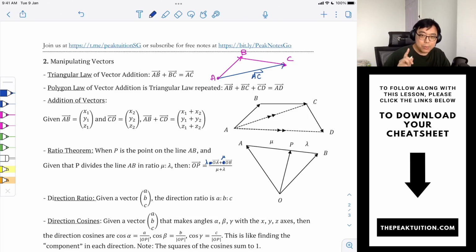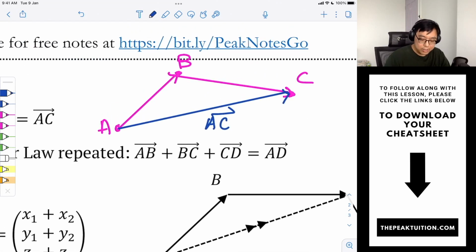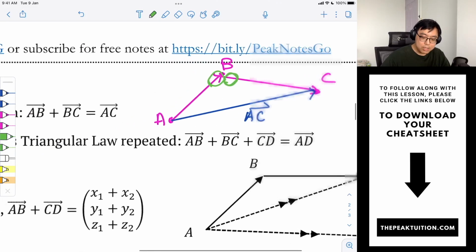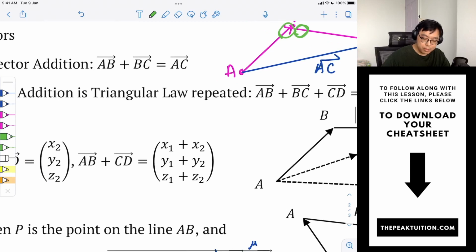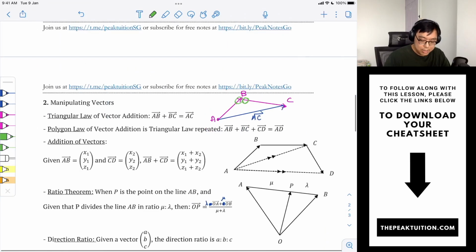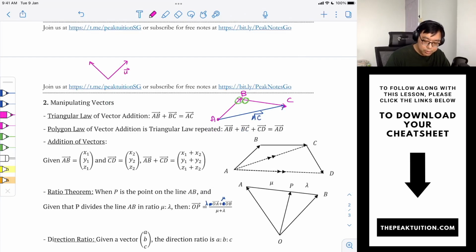One thing to take note of when applying this triangular law is that we must always connect tail to head. Notice this is the tail, this is the head. We must always connect tail to head. So let's say we have two vectors, U and V. For the resultant vector, we cannot just simply connect these two lines and say that this is the resultant vector.